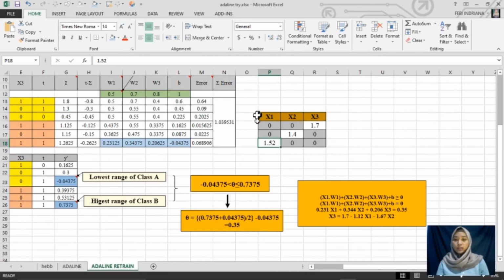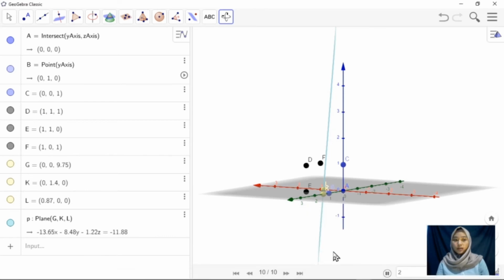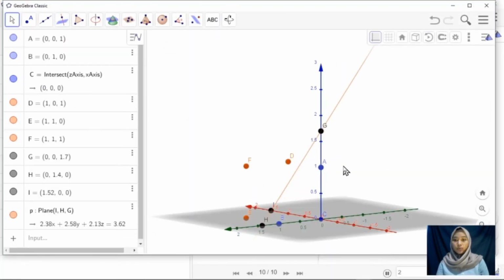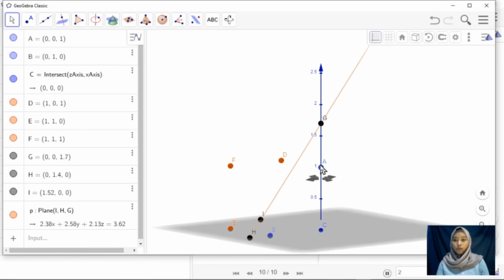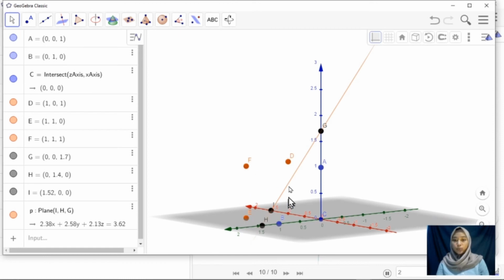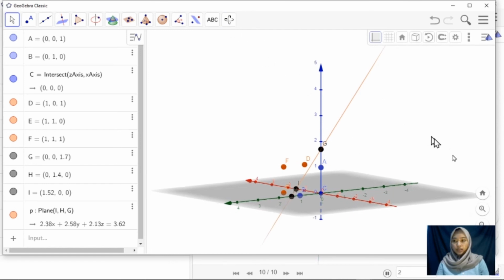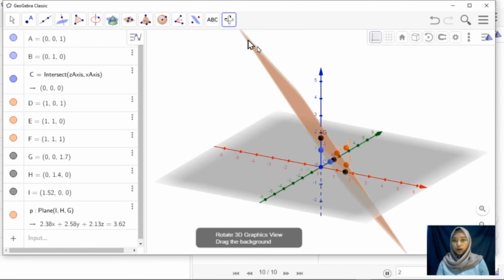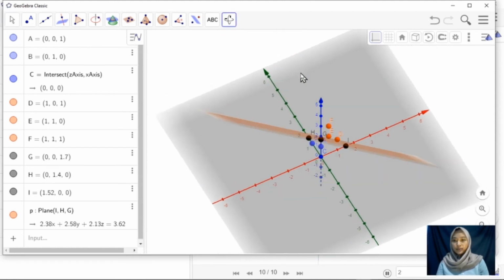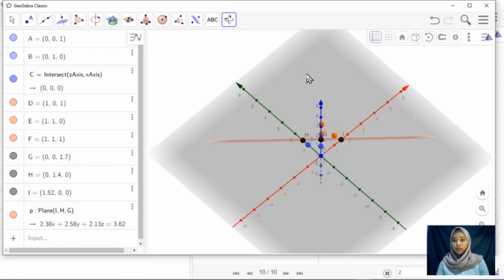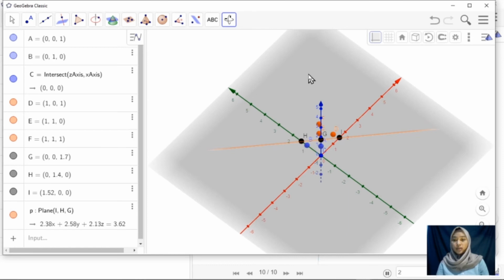If we plot these coordinates with GeoGebra Classic software, we can know that the plane is divided into group A and group B, or class B. Okay, if we see it from the top side like this, in this case the value of theta is optimum.